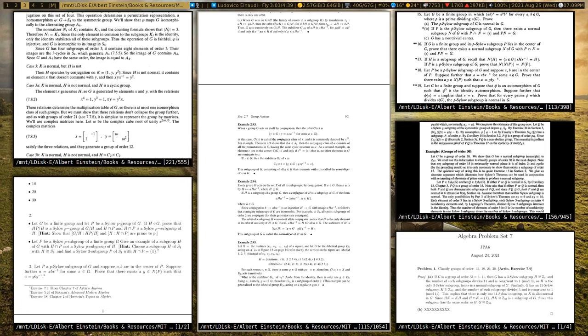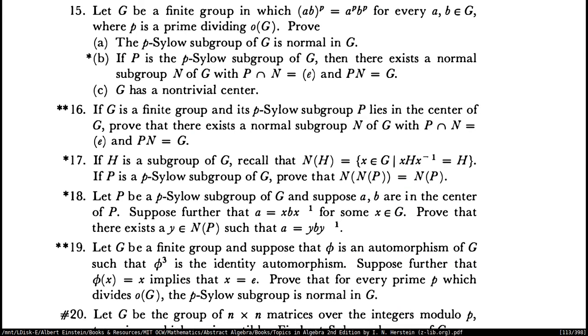Did you look at the previous problem in Herstein? That's the one we saw. Is this a simple follow-up to the one that came before? Oh, look, that is that one.